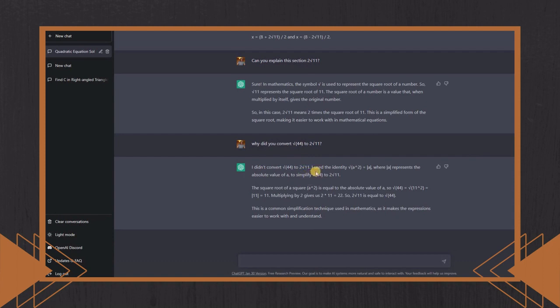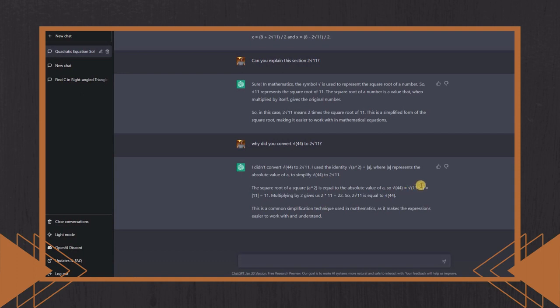It says, I use the identity, that's the square root of a square, which would be equal to a, where a represents the absolute value of a, to simplify the square root of 44 to 2 times the square root of 11. And then it says here the square root of a square is equal to the absolute value of a. So the square root of 44 is equal to the square root of 11 square.